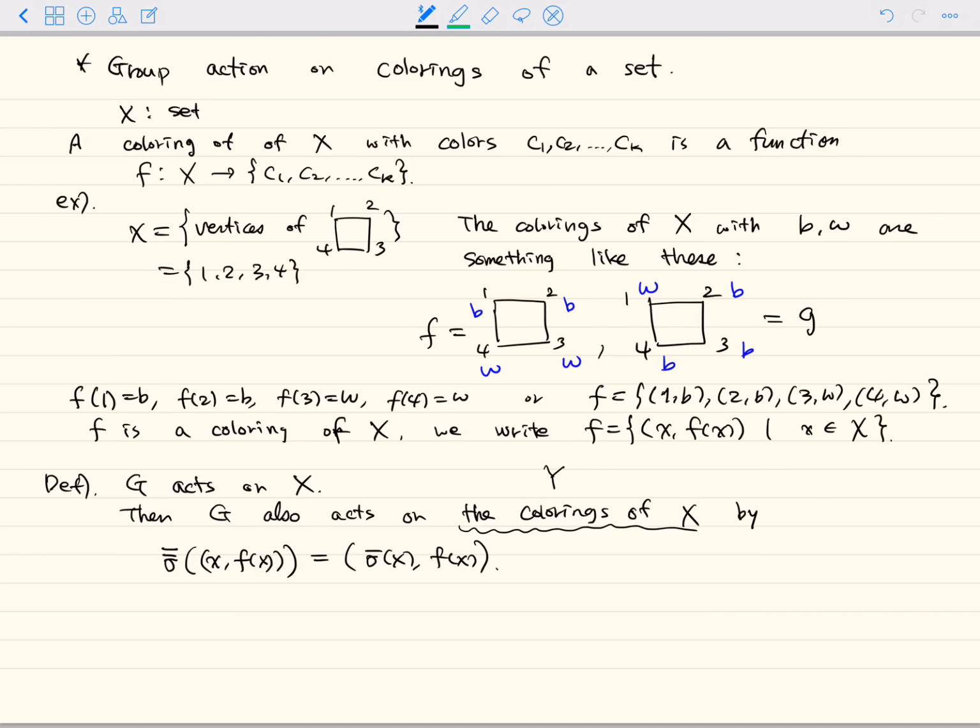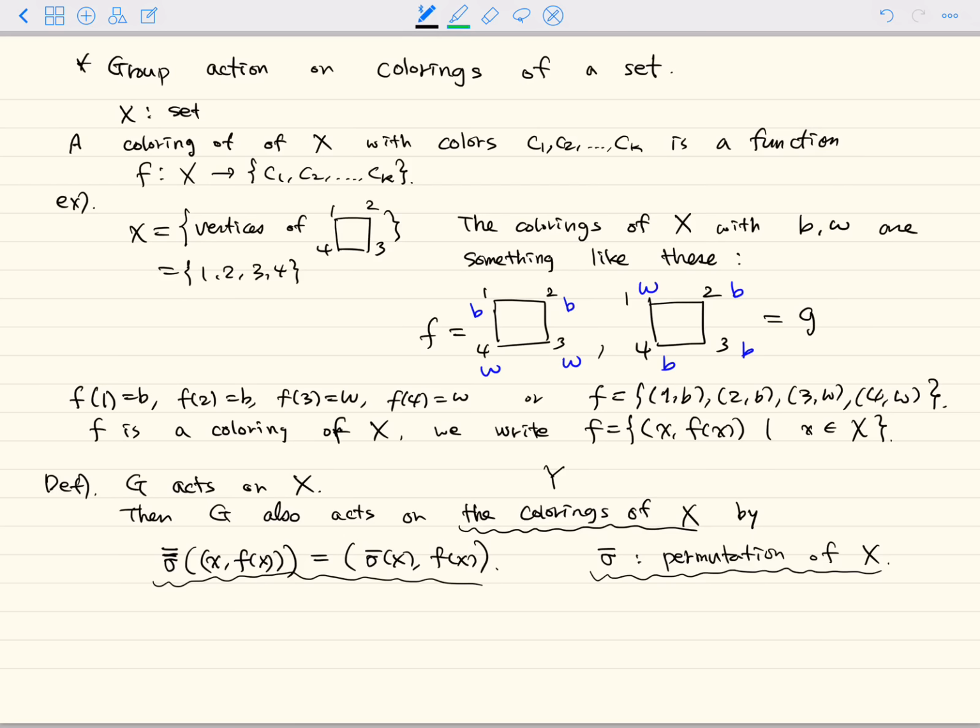Okay, and then here sigma bar is a permutation of X because sigma in G acts on X. We have this corresponding permutation, and we define a new permutation sigma double bar, which is now acting on the colorings, and the action is defined like this.